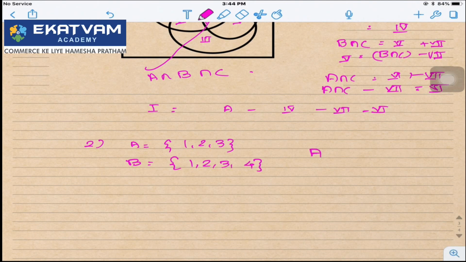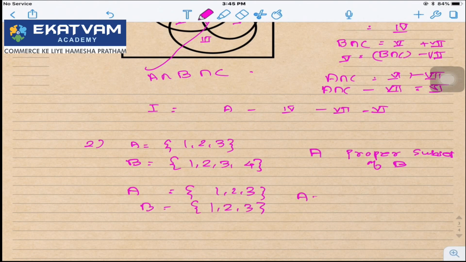Then we will say A is the proper subset of B. But if A equal to 1, 2, 3, B is equal to 1, 2, 3, then we say A equal to B, which means they are the improper subsets of each other.